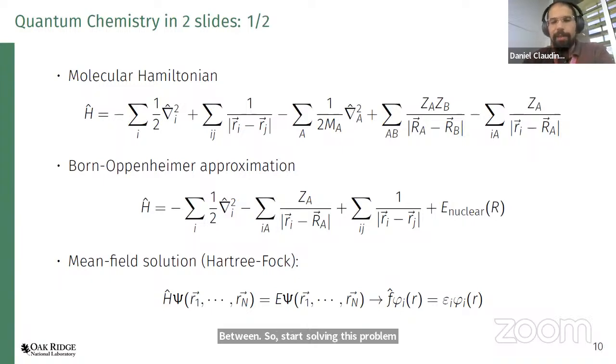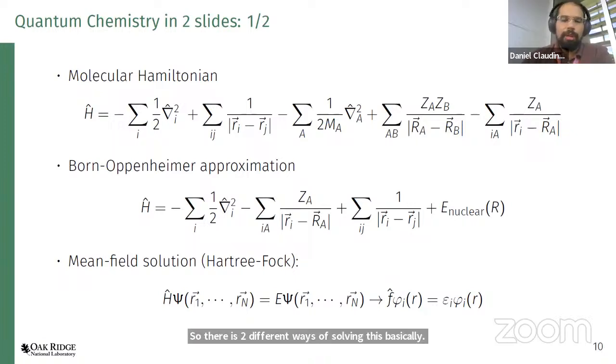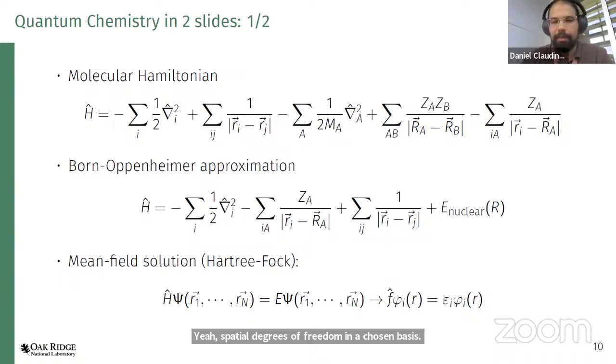This is still quite complicated because we're talking about a many-electron problem. There are two different ways of solving this. One, people call first quantization, in which you try to solve this explicitly. The other is to include the spatial degrees of freedom in a chosen basis, which is what we call atomic orbitals and molecular orbitals. We assume that our molecular orbitals are composed of atomic orbitals.